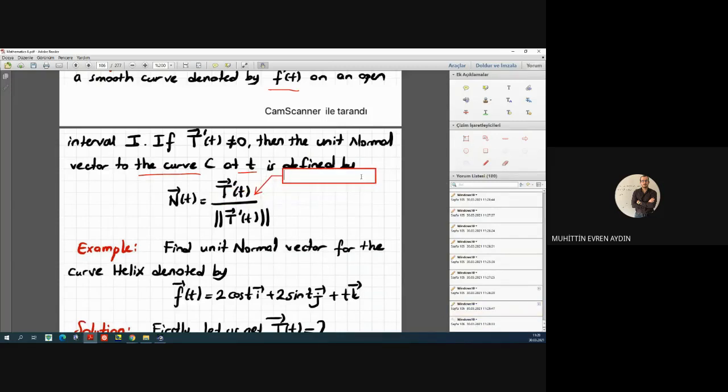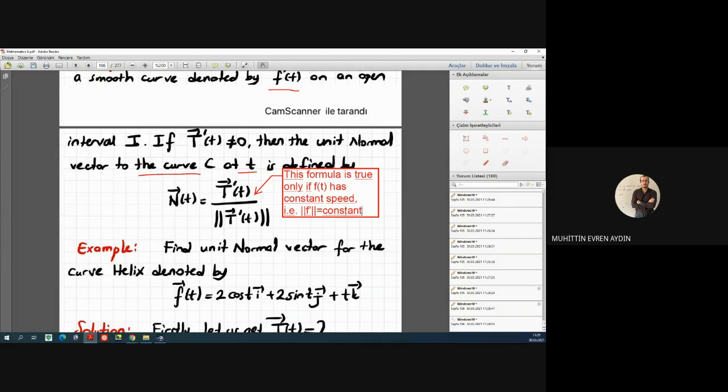Finally, this formula is true only if the vector valued function f of t has constant speed, namely, the norm of the first derivative of the function f is constant.